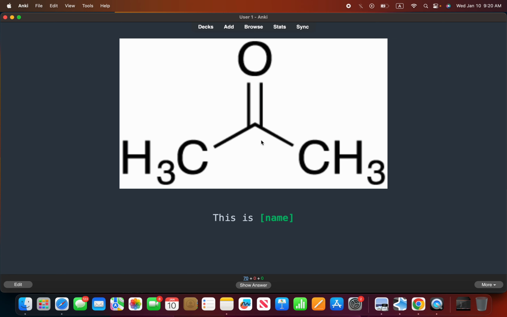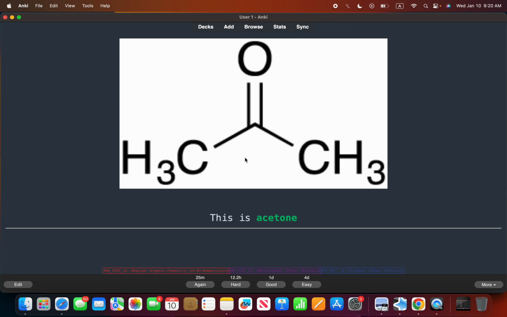And now here we have, what else? And then we have a ketone on 2 carbons, propanoic acid, but this is not, like, this is propanone, acetone.